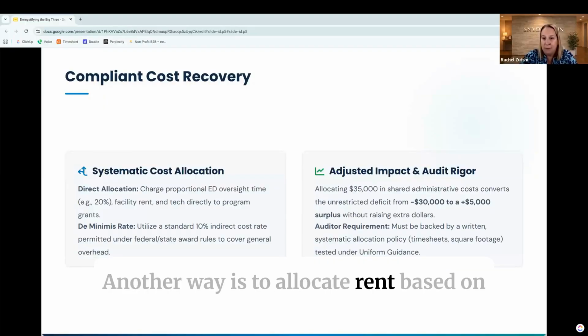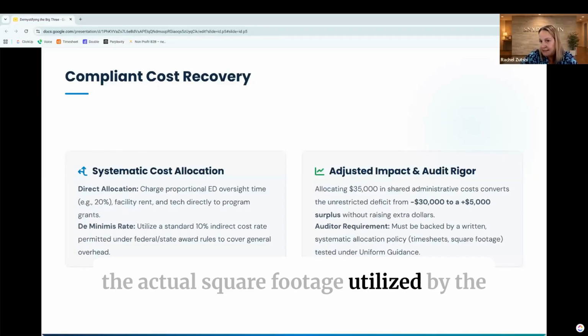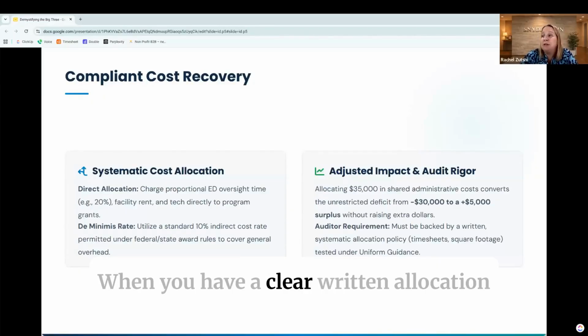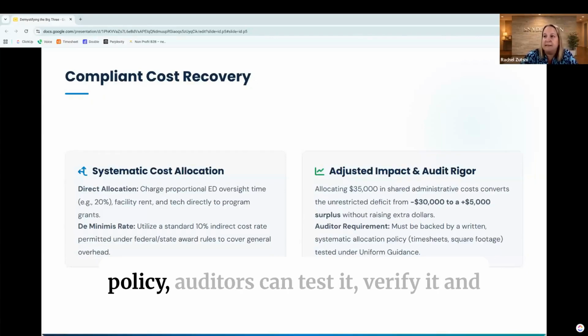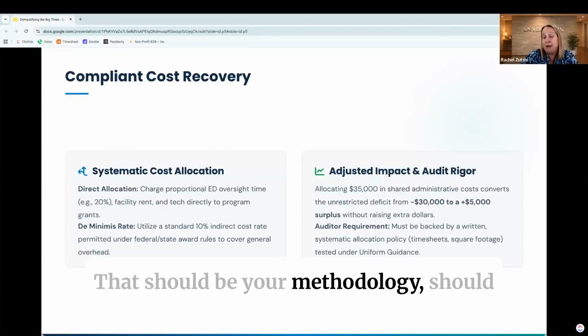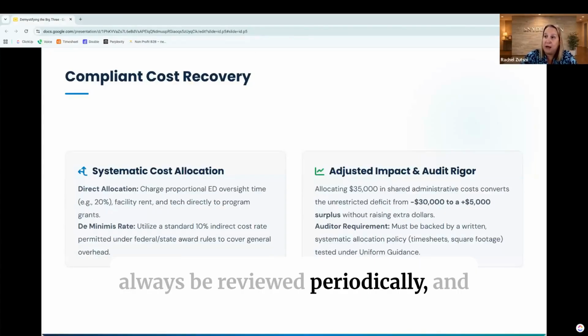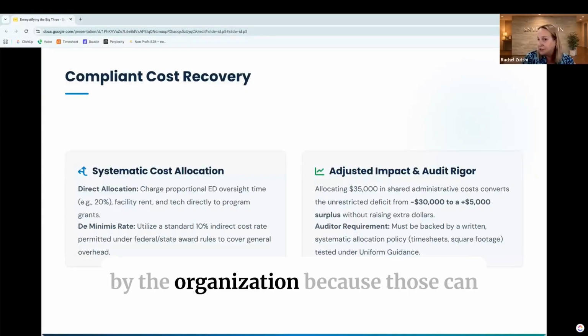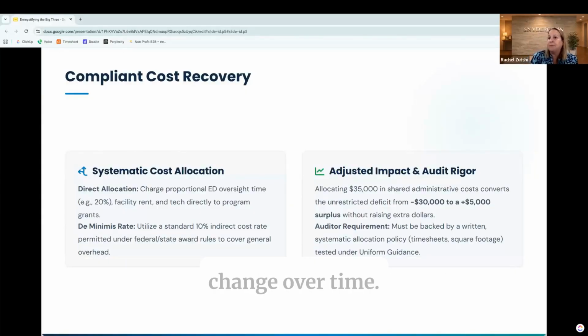Another way is to allocate rent based on the actual square footage utilized by the program, if that's easily estimable. And when you have a clear written allocation policy, auditors can test it, verify it, and discuss its reasonability. Your methodology should always be reviewed periodically and revised based on the activities undertaken by the organization, because those can change over time.